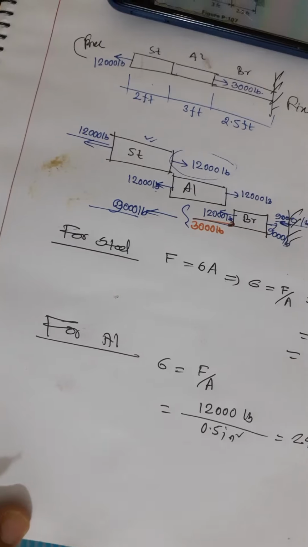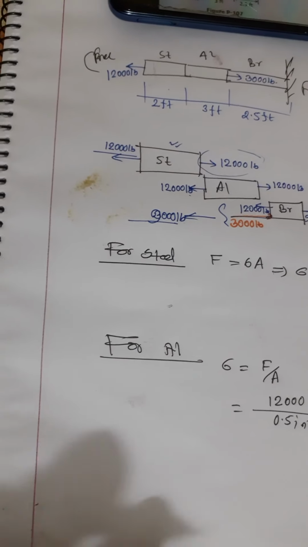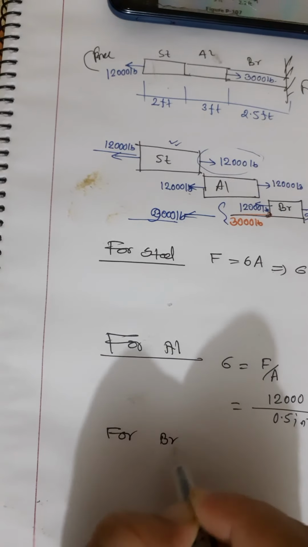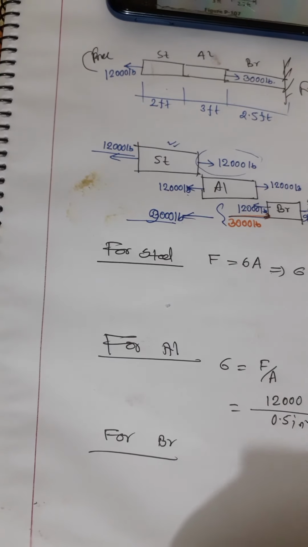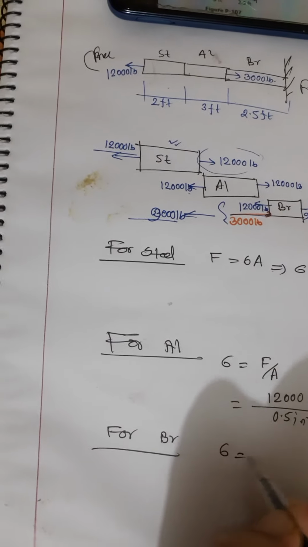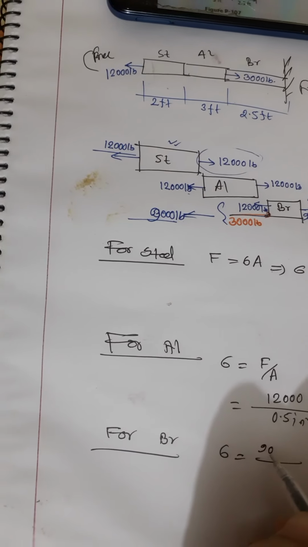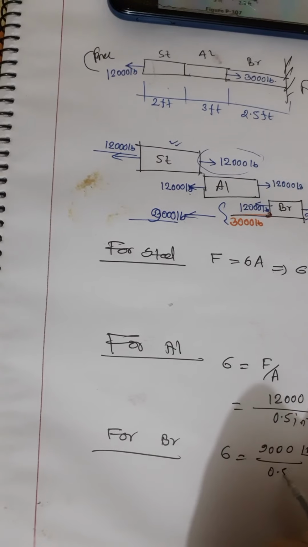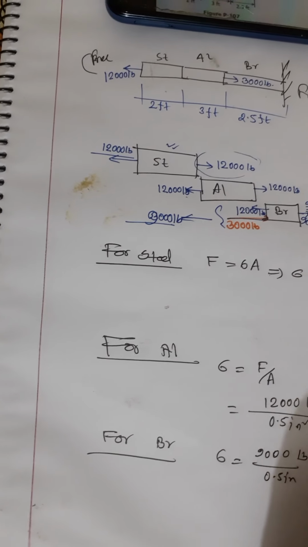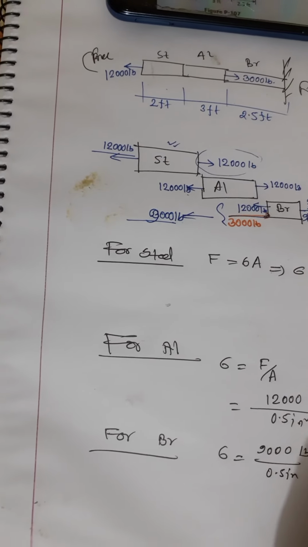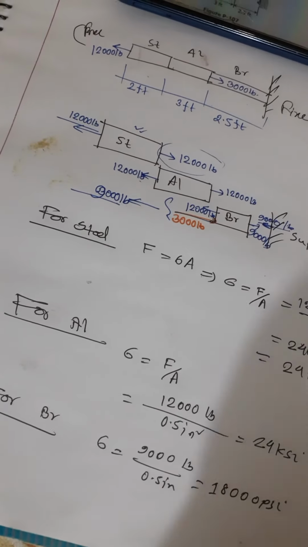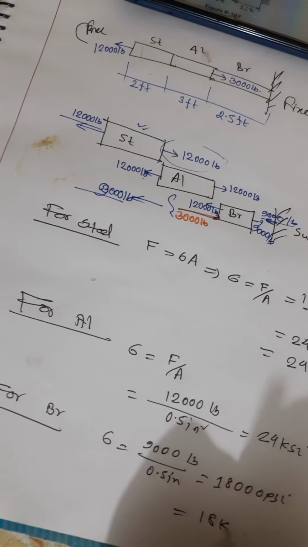And now for bronze, the force is 9,000 pound tension, so sigma equals 9,000 pound by 0.5 inches square, that is 18,000 psi, equal to 18 KSI.